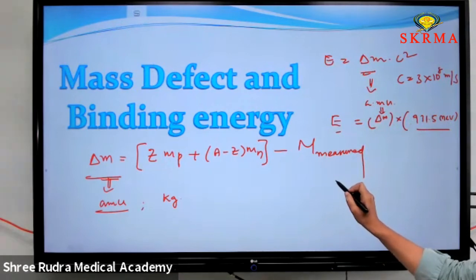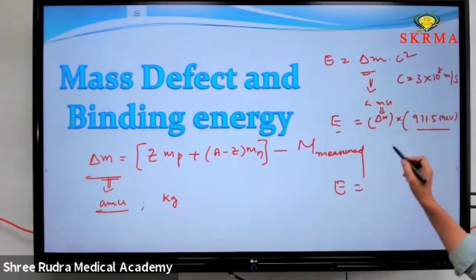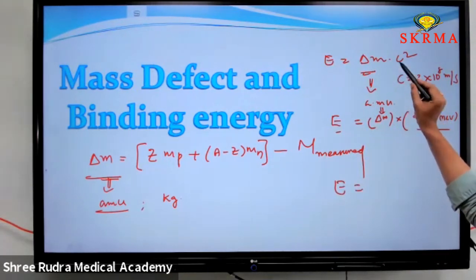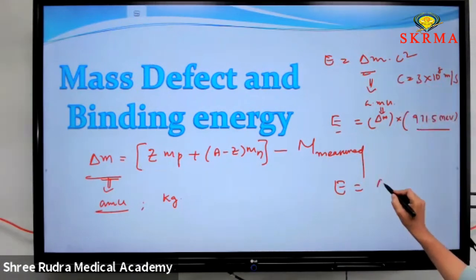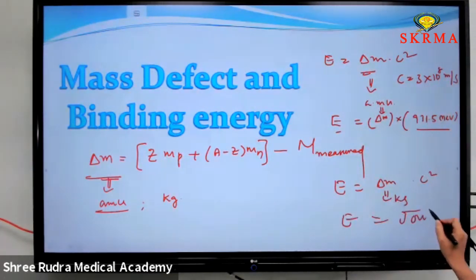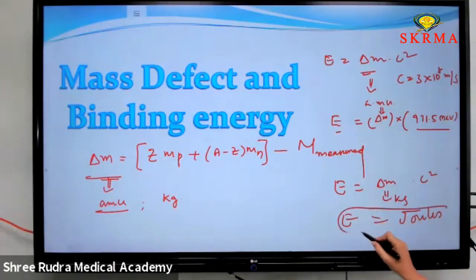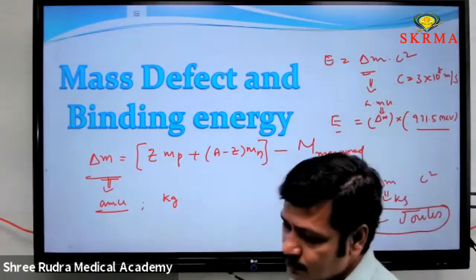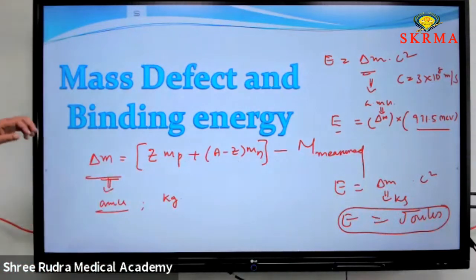In another case, if delta M is taken in kgs, obviously the energy comes in the units of joules. This is the concept of mass defect and binding energy.